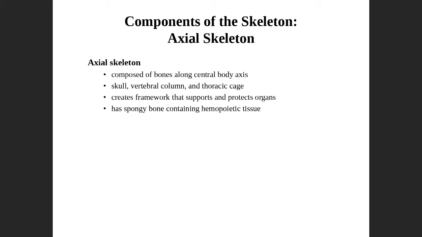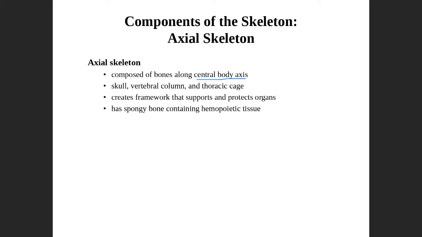Okay, so when you think of the axial skeleton, you want to think of all the bones that are along our body's central axis, right? And that's pretty much your skull, your spine, and then the sacrum, which is at the bottom of the vertebral column. And we also include in that your thoracic rib cage.